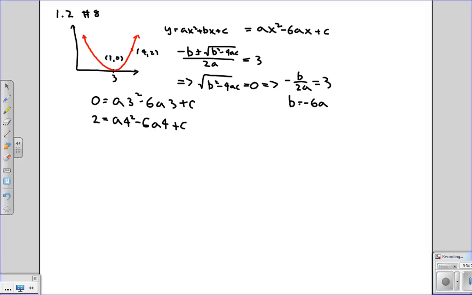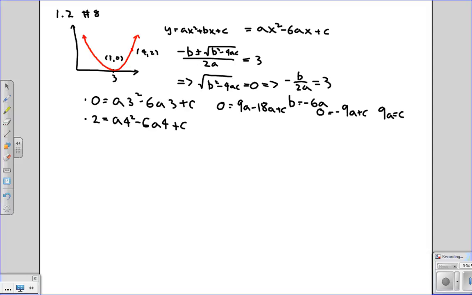Now let's look at the first equation. Rewriting this, 0 is equal to 9a minus 18a plus c, or equivalently 0 is equal to negative 9a plus c, or 9a is equal to c.